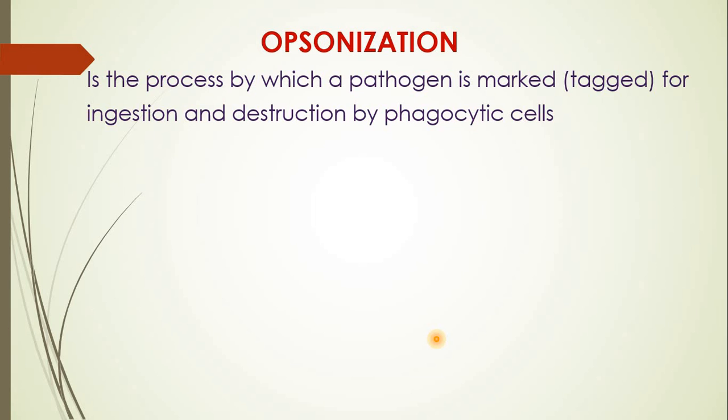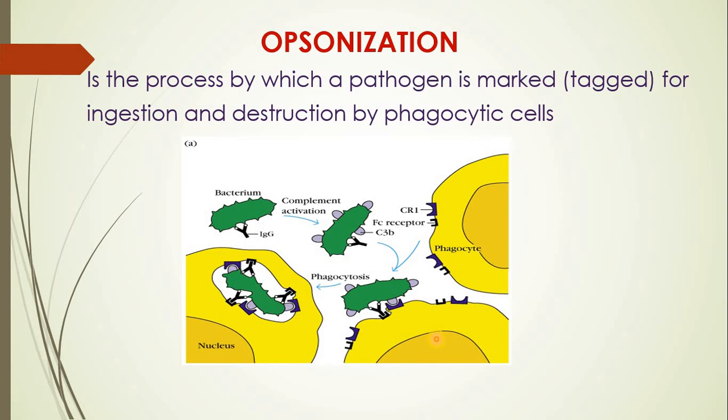So we are tagging the pathogen which is ingested, and now this tagged pathogen, when it is destroyed by the phagocytic cell, can be visualized very easily. This is what I meant with reference to opsonization.